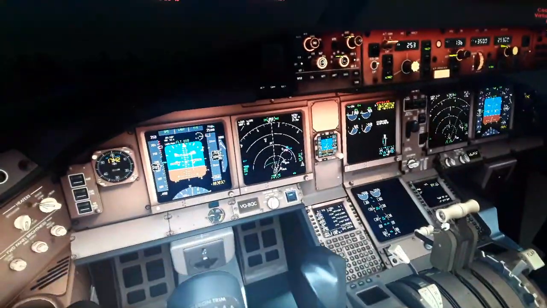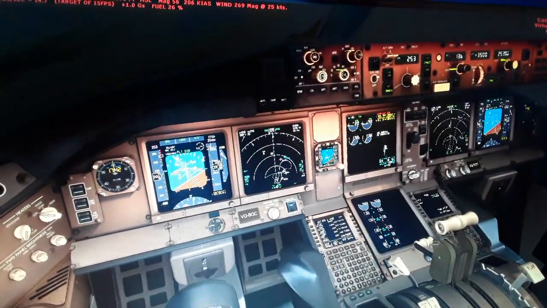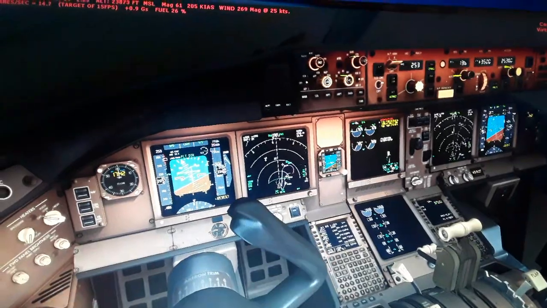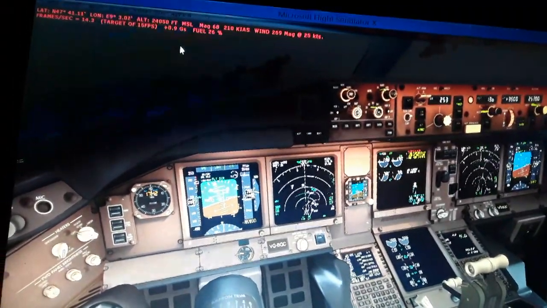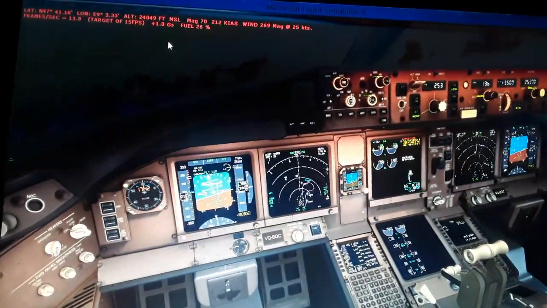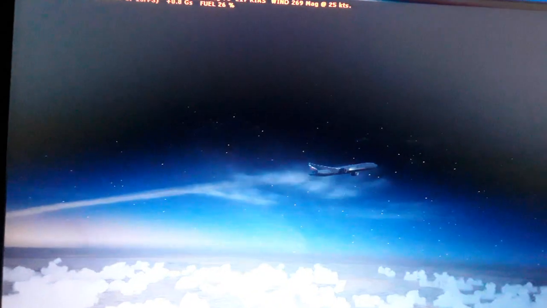So we are to the 2,000. So here we are, 33,000 feet right now above the sea level.